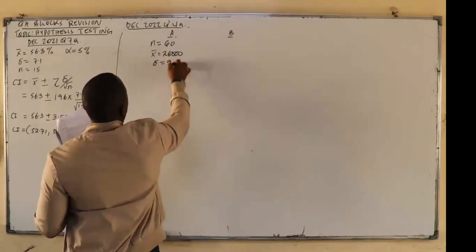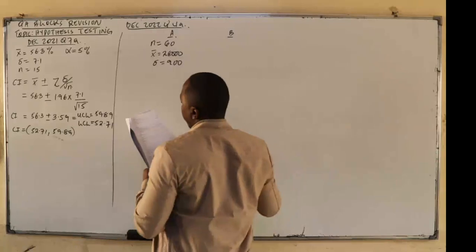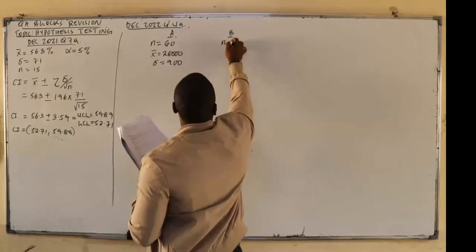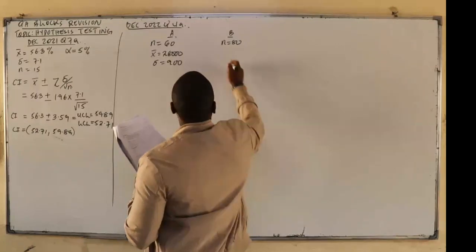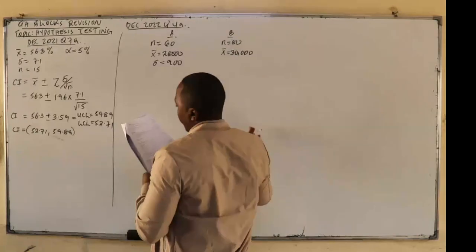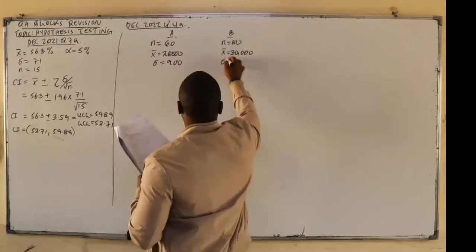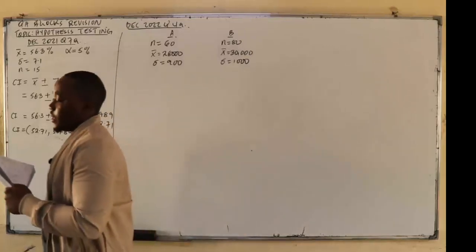A sample of 80 machine B's, so N for B is 80, has a mean useful life of 30,000 hours with a standard deviation of 1,000.